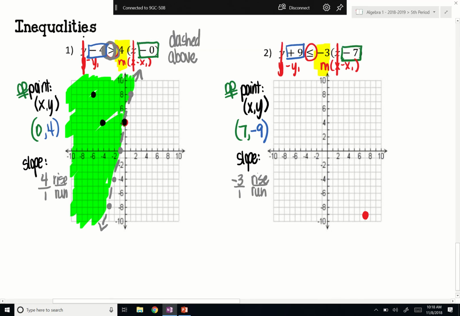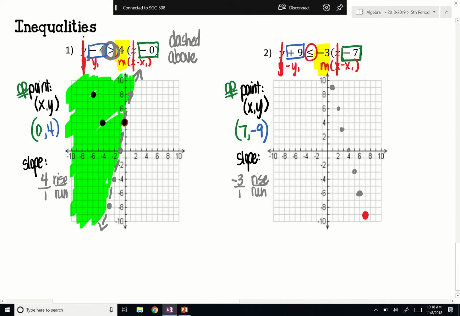Hope for the best. What do I do now? Rise over run. My rise tells me to go where? Down 3 over 1. Can I go down 3? No. So what's the opposite of down 3? Up 3, left 1. Up 3, left 1.